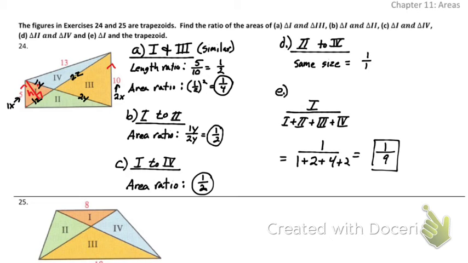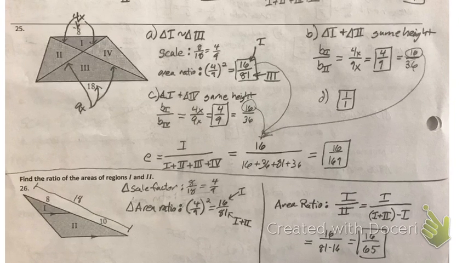The next one is almost identical except for the last step. So I'm going to take a picture of it. It is identical up to the last step. So on number 25, it says compare 1 to 3 on this trapezoid. Once again, they're similar shapes.